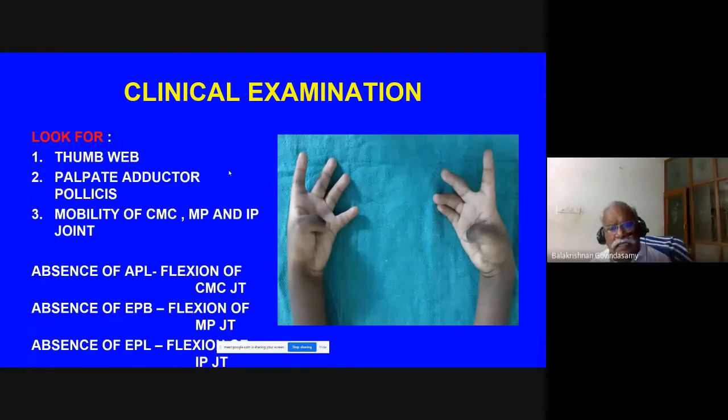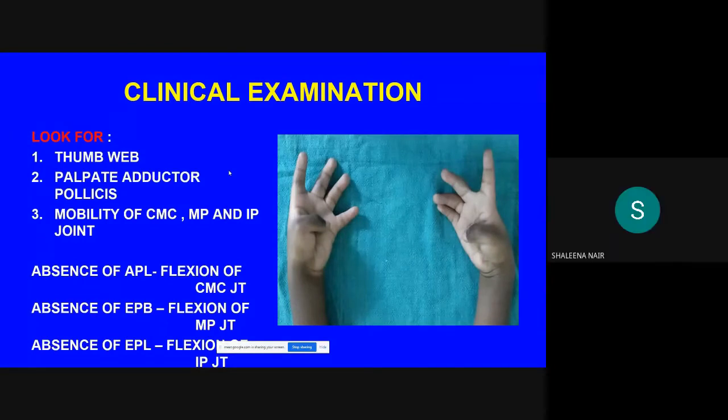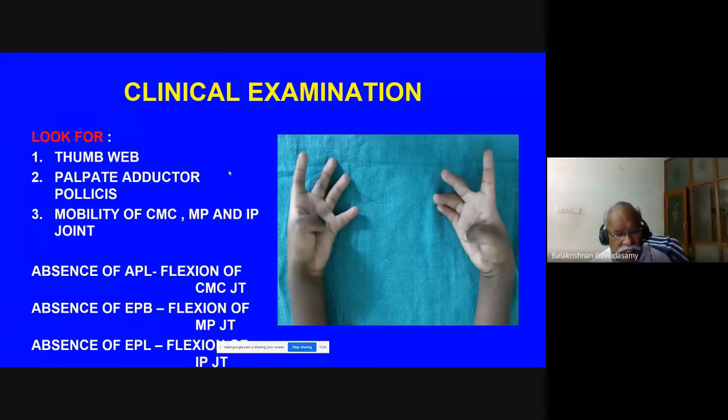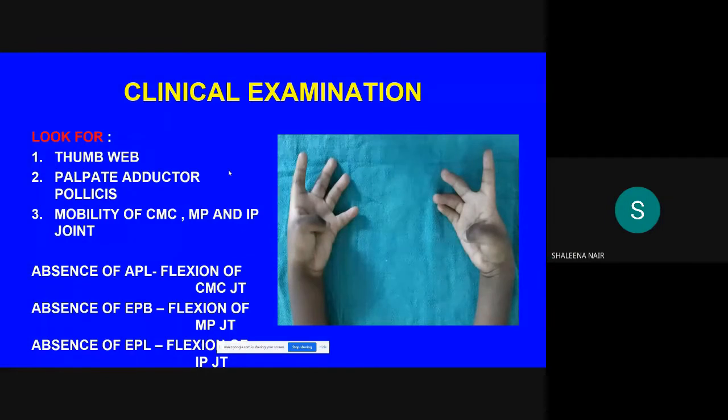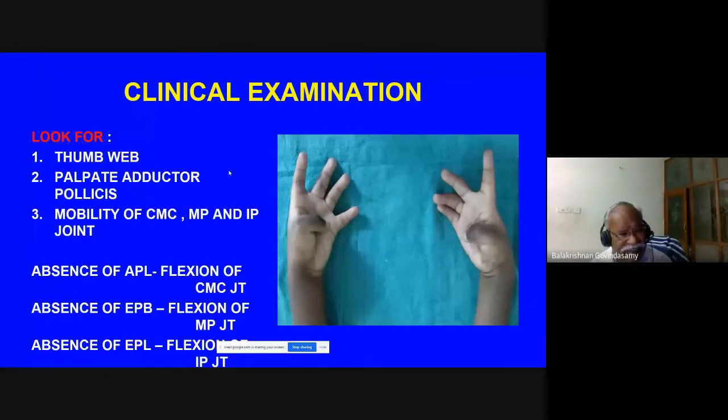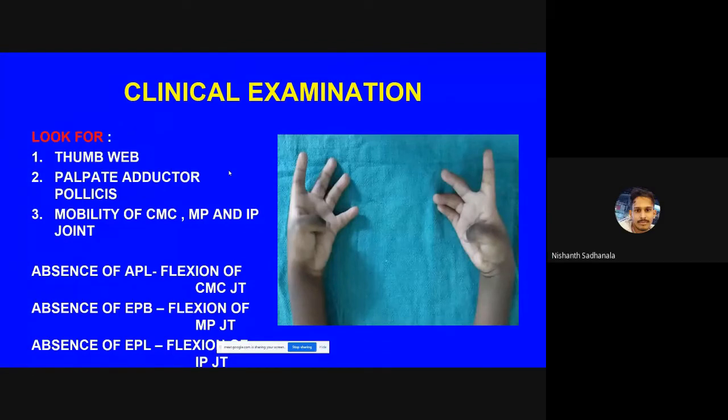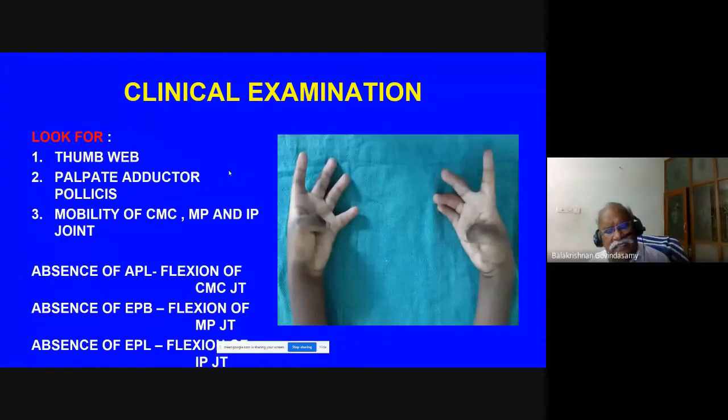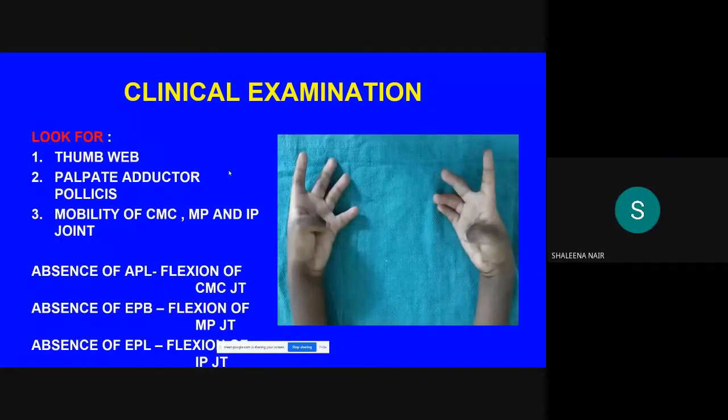For everything you must have an answer, my dear. Least used, most used. Ring finger is not used in grip function, sir, mostly. Least used finger. Will you use little finger FDS? Yes.